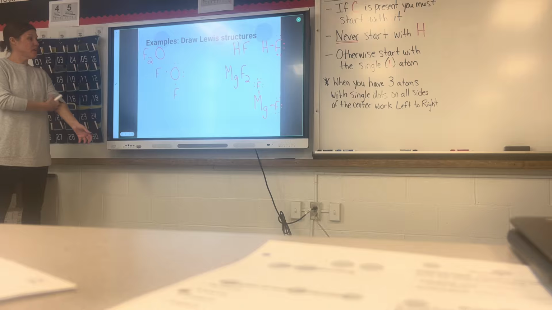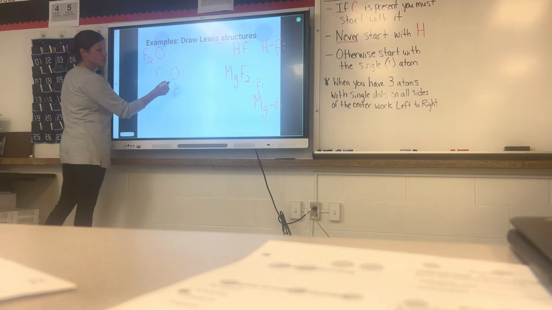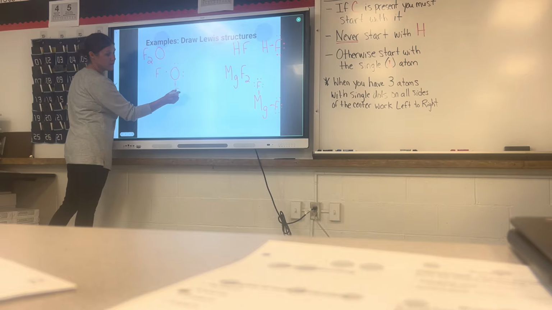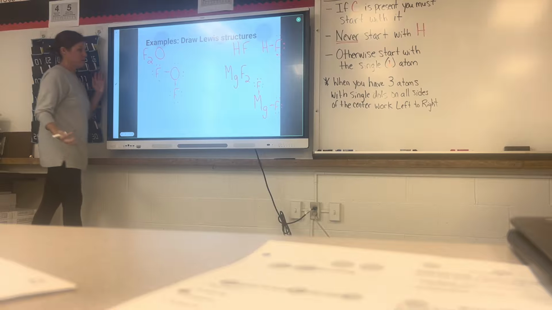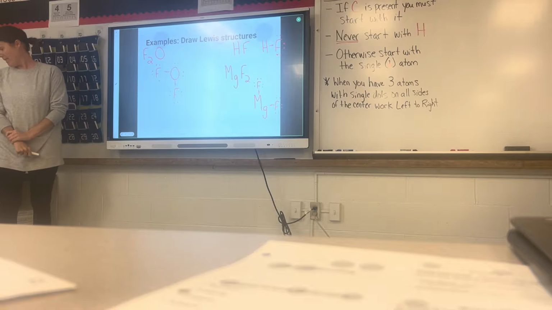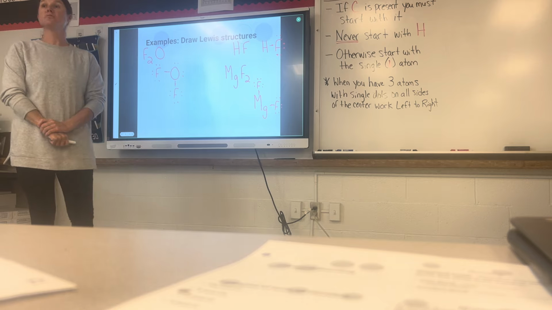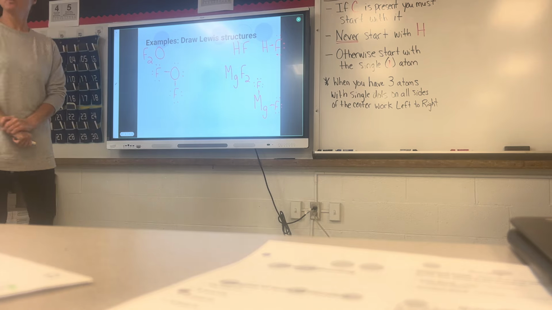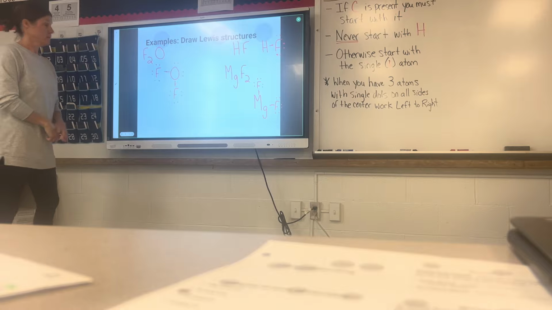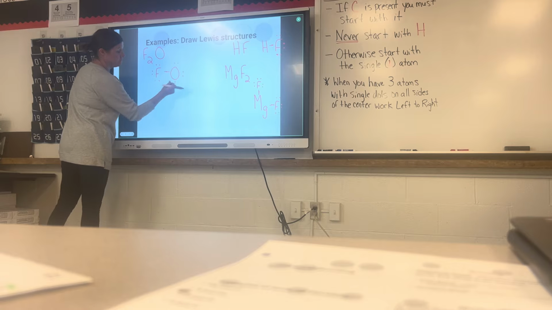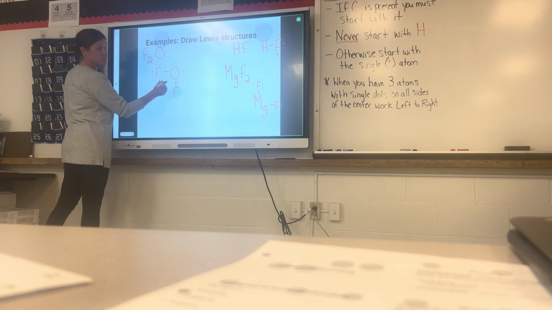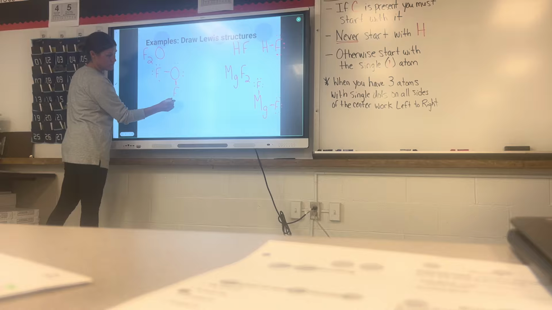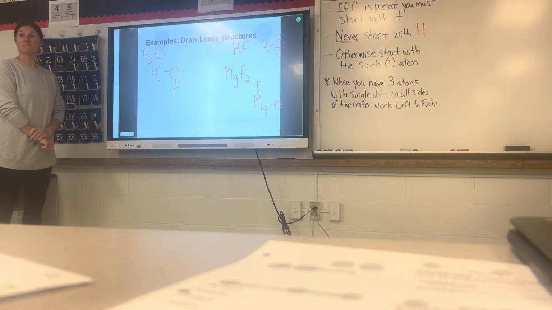How many does each F get? 7. So the first one forms a bond, and then it's just like that. First one forms a bond. Easy. Where did you get 7 from? Look at that. Find F. It's in group 17, so it has 7 valence. You want me to redo that? So if I said my F went here because of the single dot, and then it gets 7, the first one forms a bond, and then just like that. Okay.